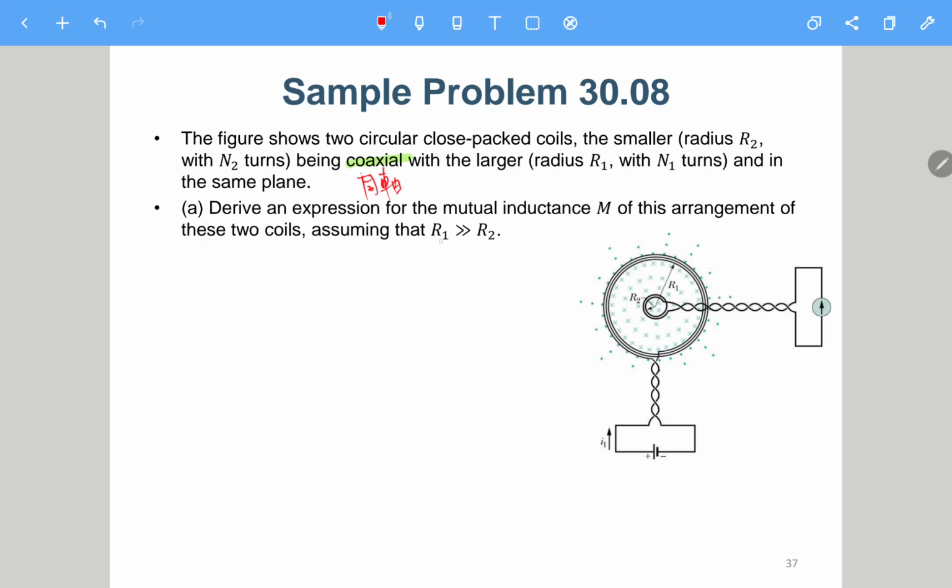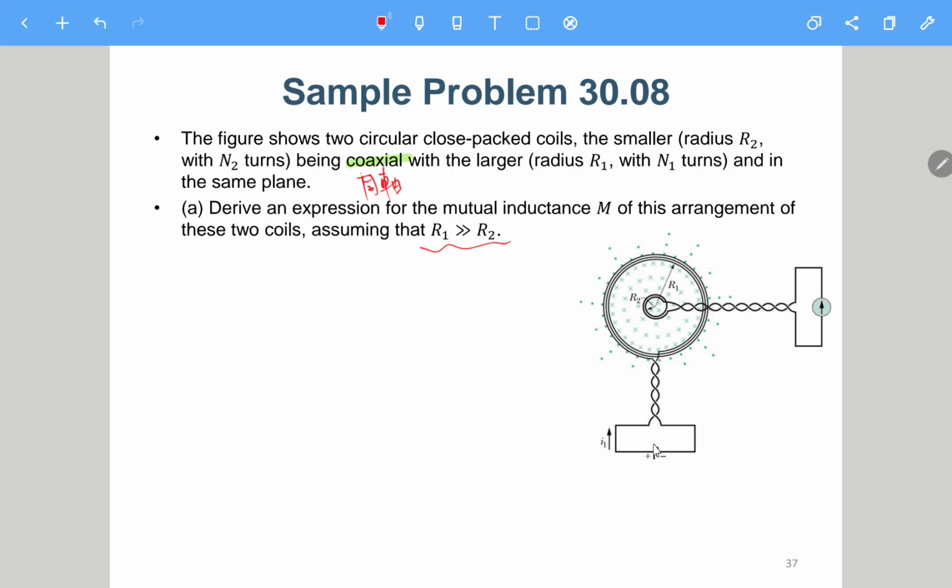We have some assumption because we need to approximate the B field generated by the larger one for the second coil. This is not necessarily uniform, but as long as we assume that R1 is much larger than R2, we assume that the B field across the smaller one is uniform.